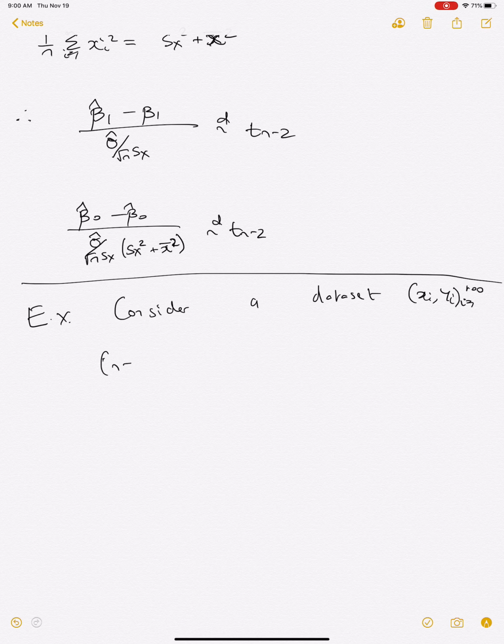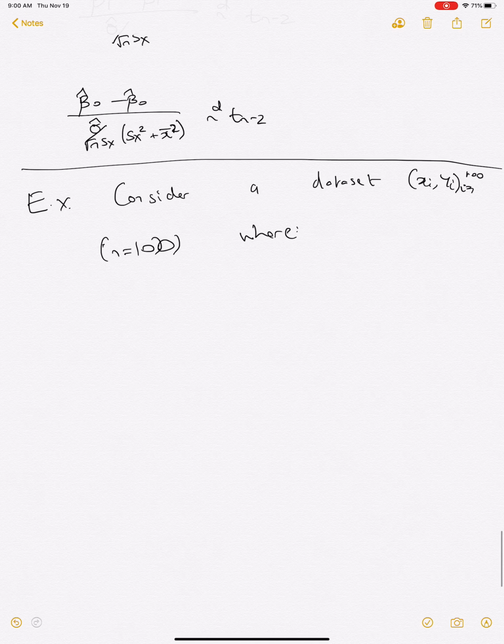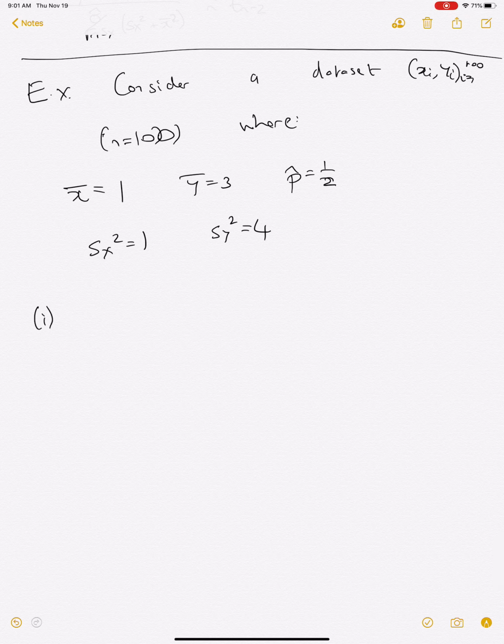So here we've got n equals 100, where I'm not telling you explicitly what each data point is, but we know that x bar is 1, y bar is 3, rho hat, the sample correlation coefficient, is a half, sx squared is 1, and sy squared is 4. So for part 1, we want to find estimates for beta hat 0, beta hat 1, and sigma hat squared.